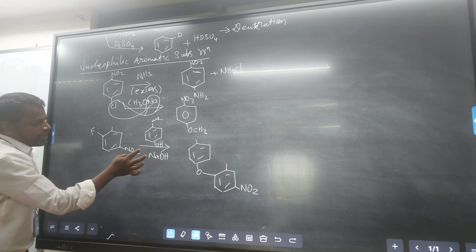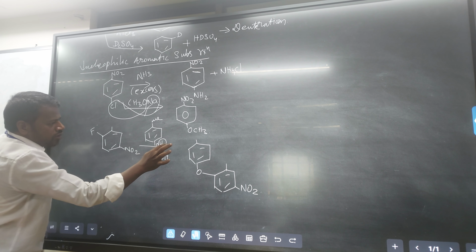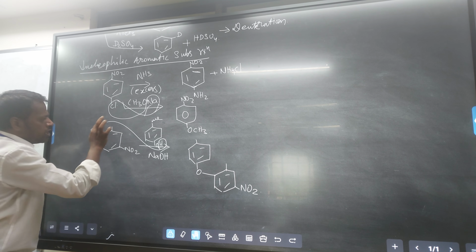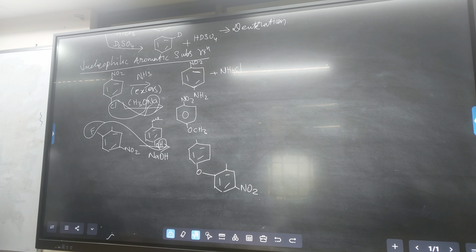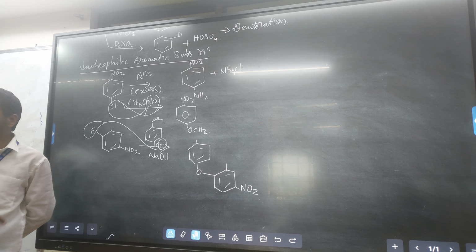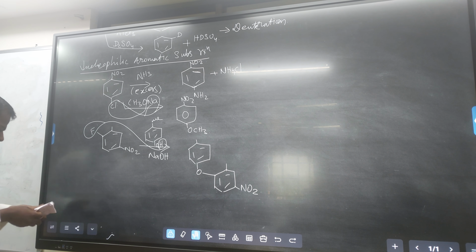The OH removes the chloride, and you get the product. Then I will give a practice question for you. You can try to say where the substitution happens, or whether substitution or elimination happens or not for the following compound.